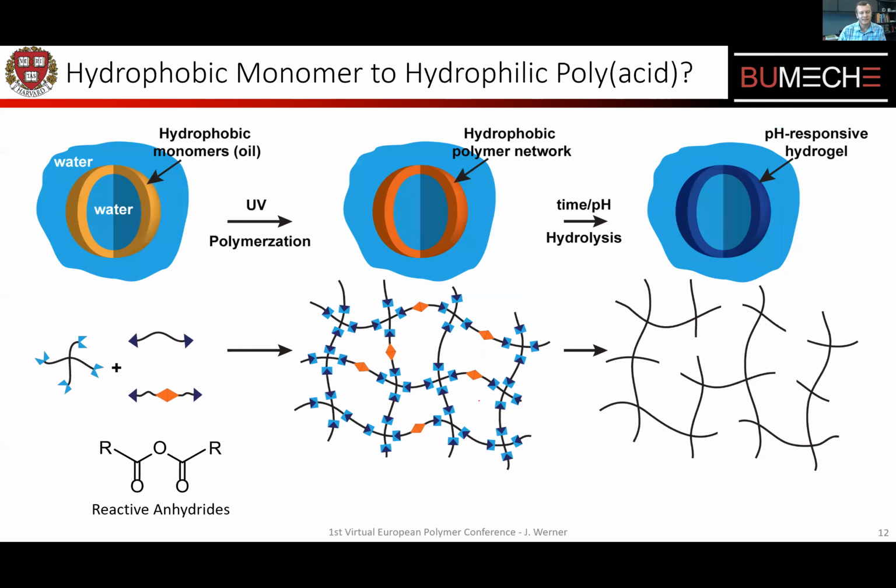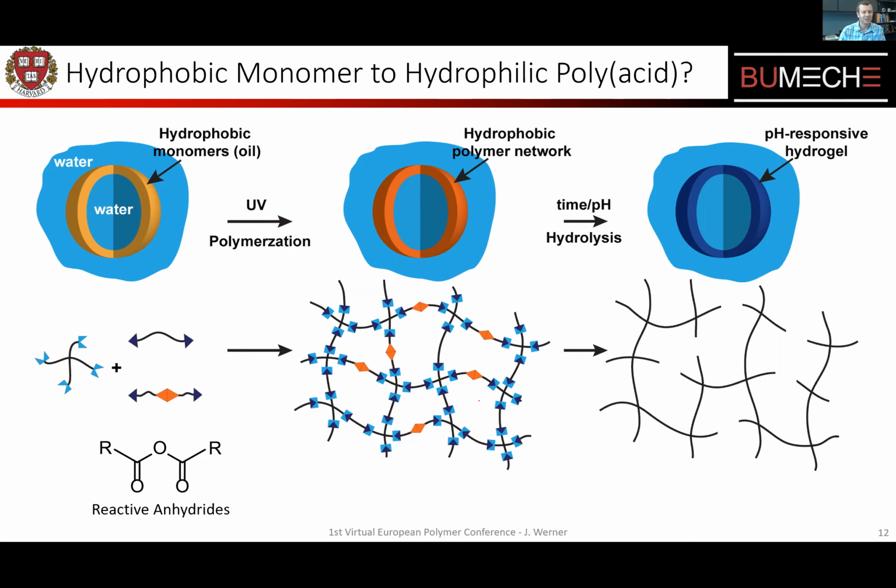Now, one of the ways from a molecular design standpoint that we found works very well to make pH-responsive hydrogels is to use reactive anhydrides as monomers that then, as you all know, upon hydrolysis in water simply form carboxylic acids. And carboxylic acids are, of course, the functional group for pH-responsive polymers or hydrogels that swell at pHs above their pKa and that usually shrink or turn more hydrophobic at pHs below their pKa.